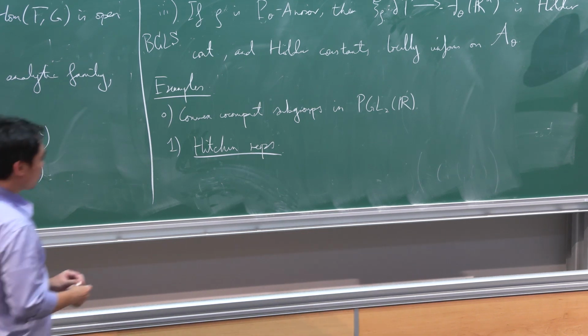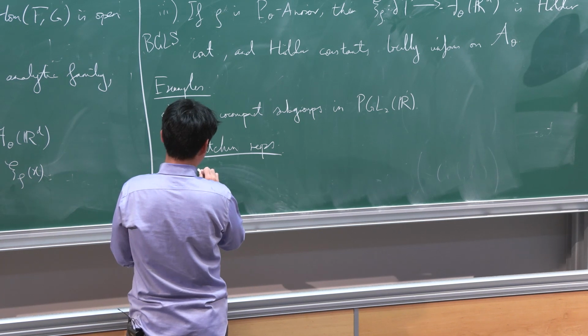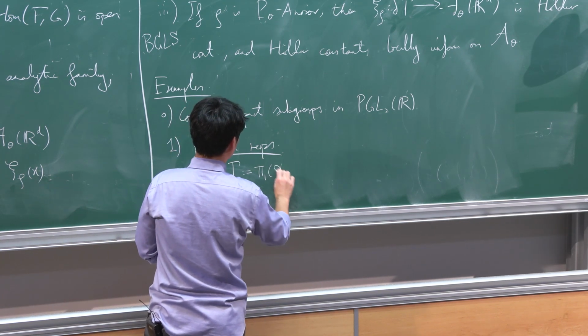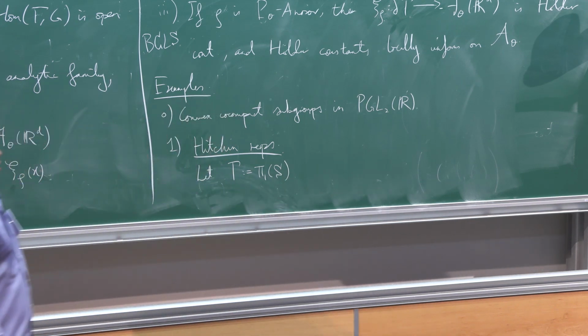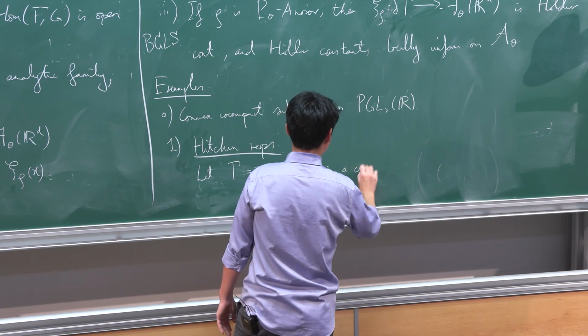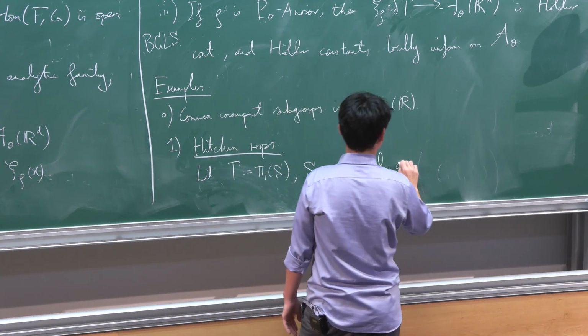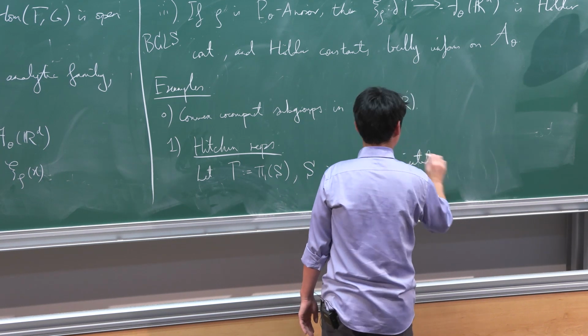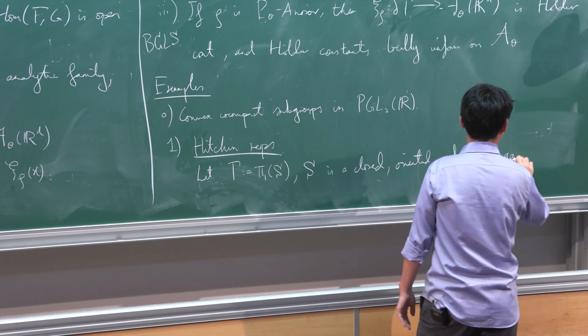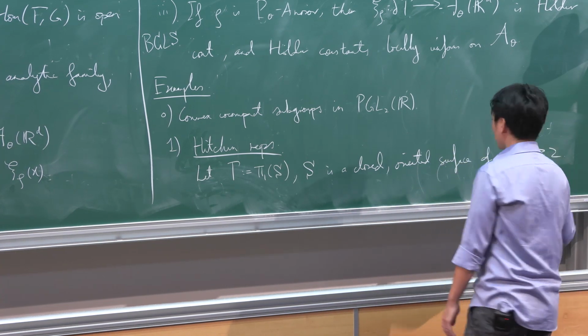Let gamma be the fundamental group of S, where S is a closed oriented surface of genus at least 2.